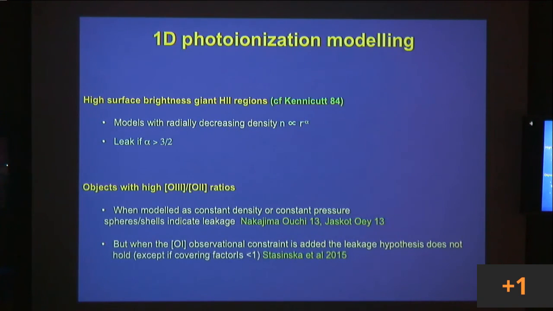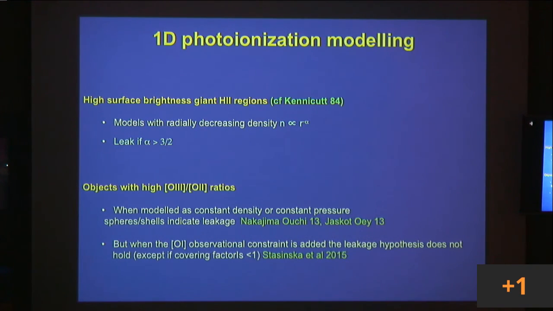So, okay, for example, high surface brightness giant H2 regions, if they have the density distribution of this form, they all have leakage because if you write the equations, it's obvious many ionizing photons will leak out. But how representative are those of giant H2 regions? I have no idea.